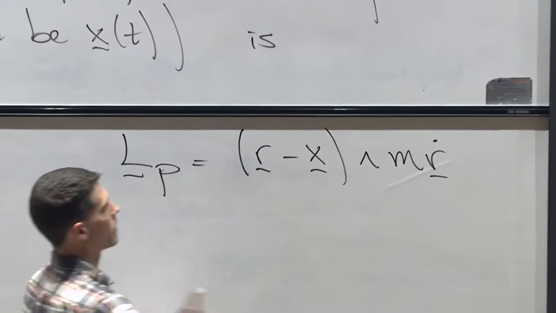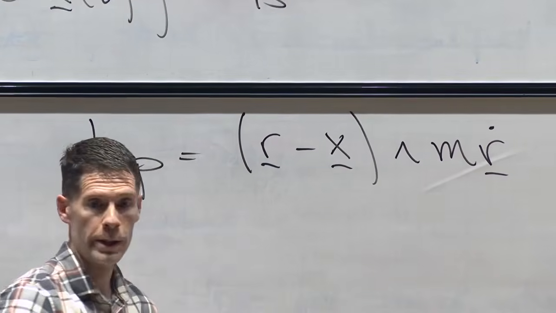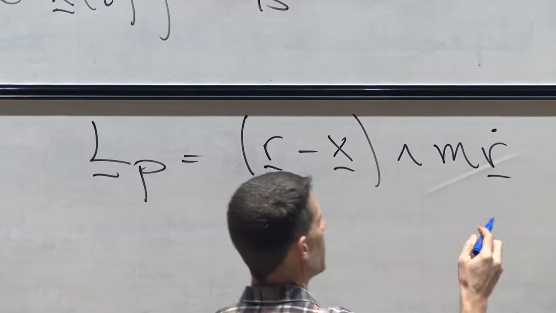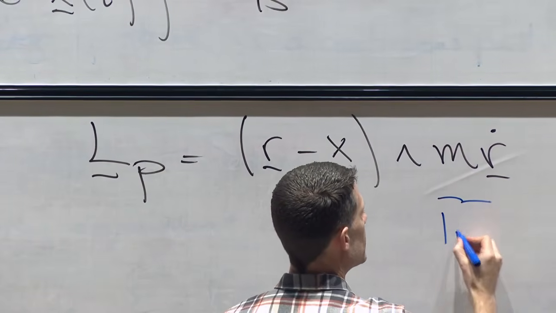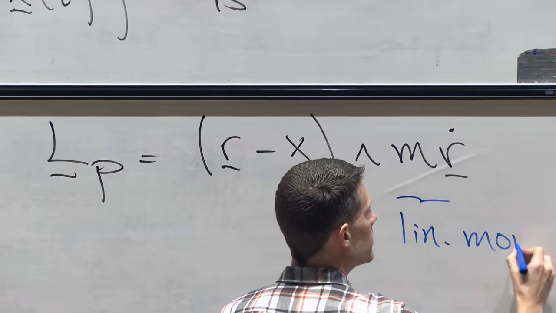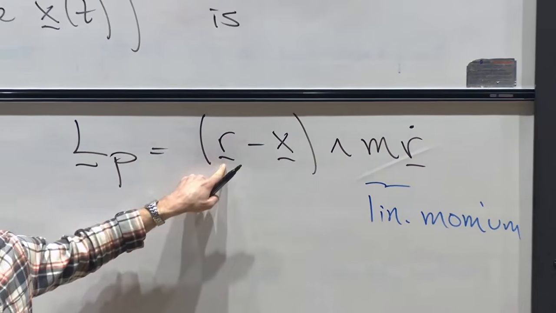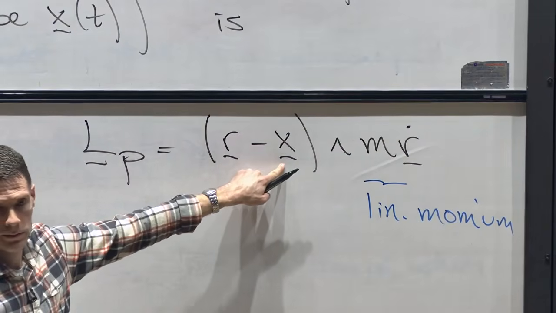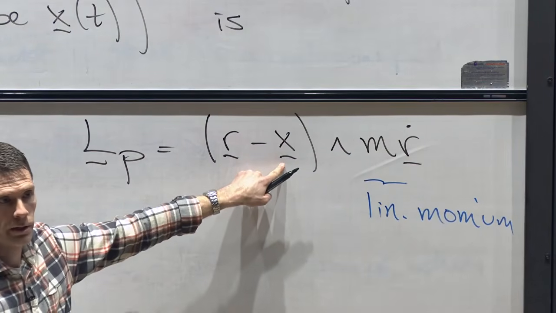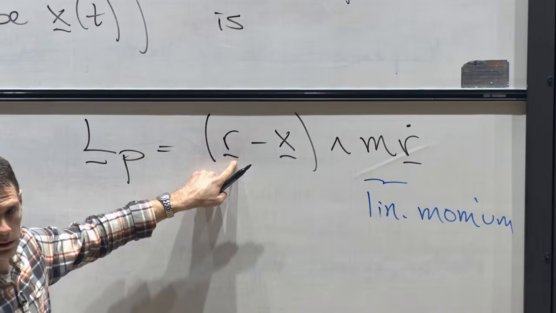So notice this vector here is the linear momentum, right? Mass times the velocity. And this vector here is the vector that points from the point P, where I'm measuring rotation about, to the position of the particle.